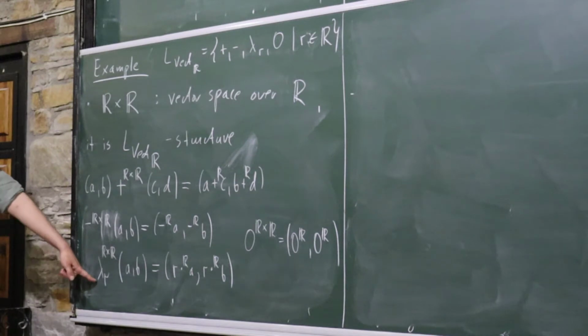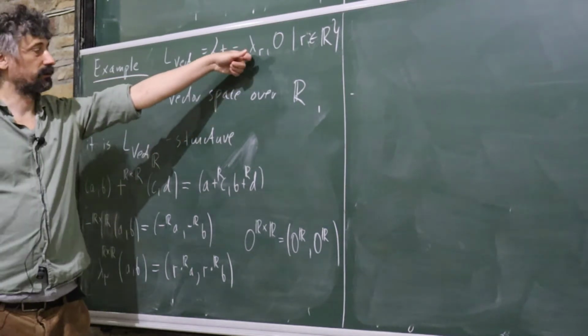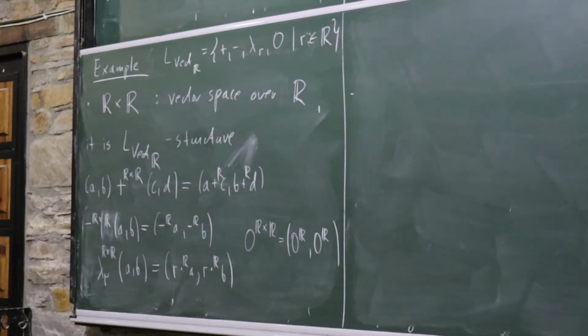So this was probably the most important: how to interpret in a vector space these unary functions.